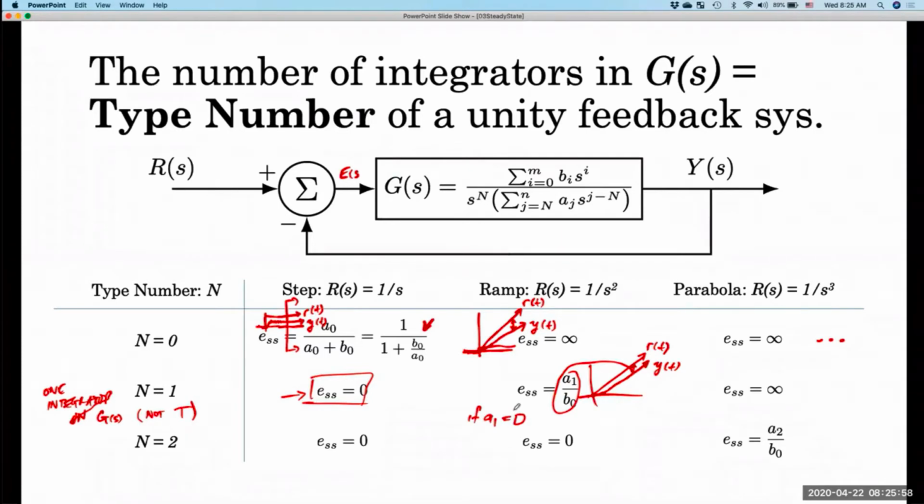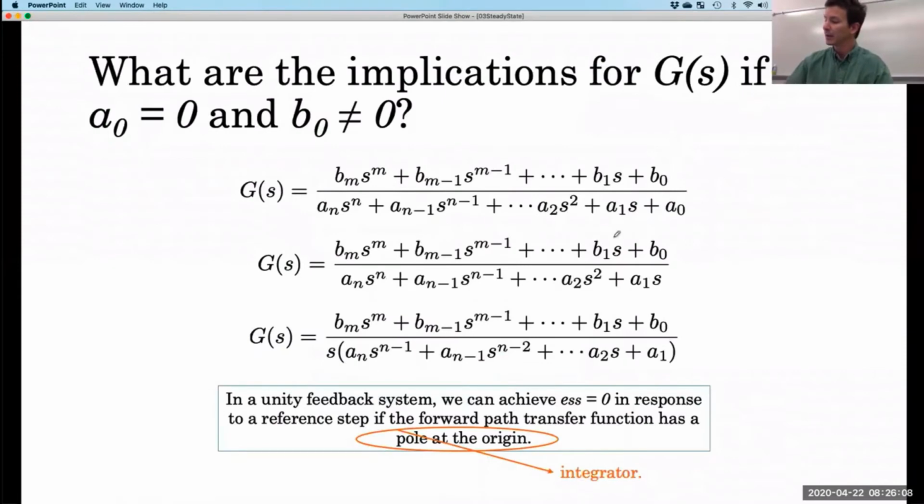Would the two lines be on top of each other? Yeah, so the error would go to 0. The input and the response would end up lying on top of each other. Let me go back here and show you what I'm talking about. So to go from this line to this line, we use the knowledge that we're setting A0 to 0. What if we also said that A1 were 0?